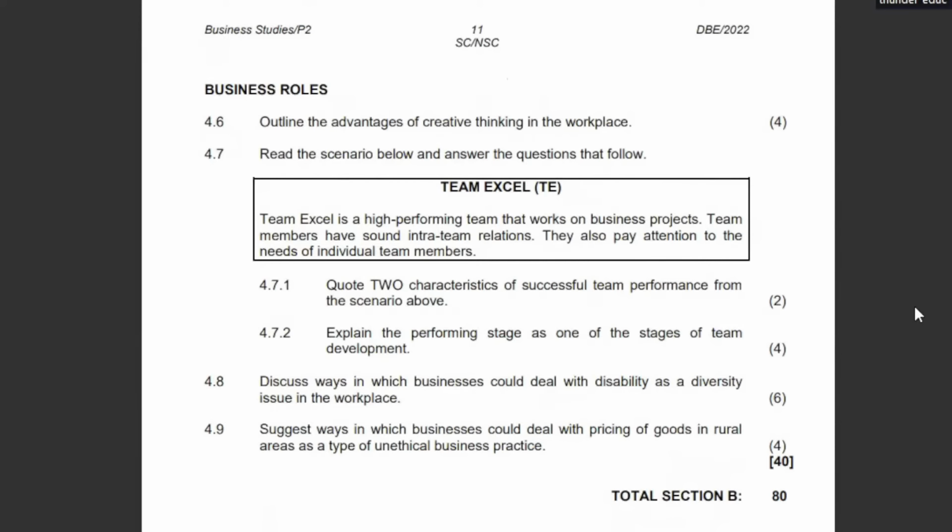So creative thinking improves motivation among staff members. Also, complex business problems may be solved. We are saying that it improves motivation amongst staff members.